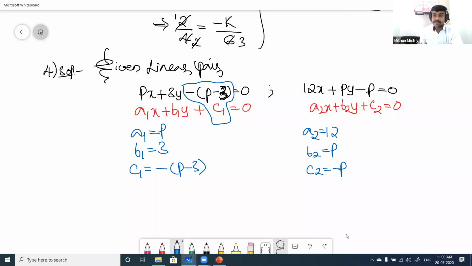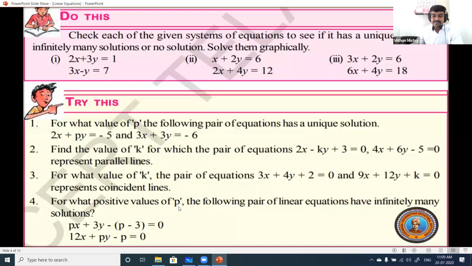Now, let me read the question. For what positive values of P does the following pair of linear equations have infinitely many solutions? Manpreet Singh said that we will have infinitely many solutions if the lines are dependent or coincident. So what is the condition actually?